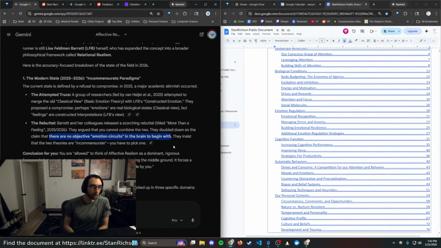So the circuits that we thought were emotion circuits, like the limbic system in that antiquated triune brain view, we found are actually involved in much more than emotions. And we've also found that other parts of the brain are very much involved with emotions as well, and also with higher order thinking and all kinds of other types of regulation.